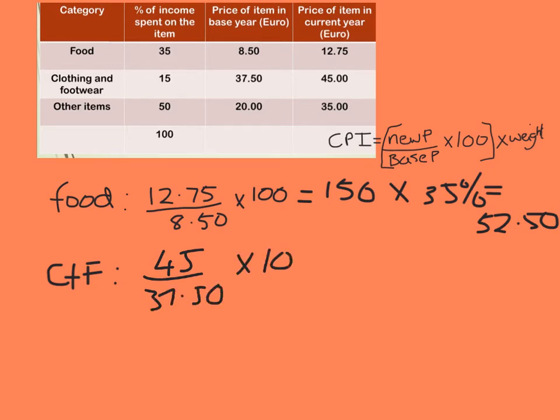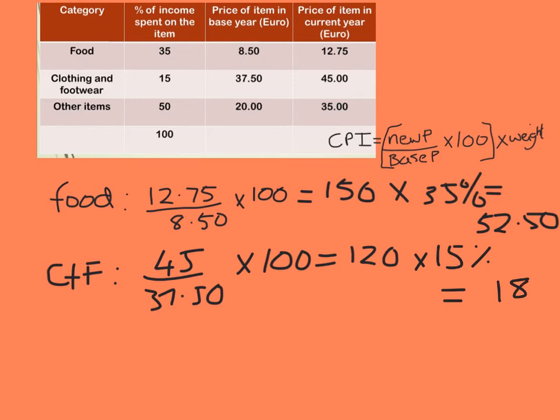Multiply that by 100, and then when I pop that into my calculator, I get 120. And then as you can see up here, we're told the weight, which is 15, so that's 15%, so multiply that by 15%, and then the answer I get is 18.